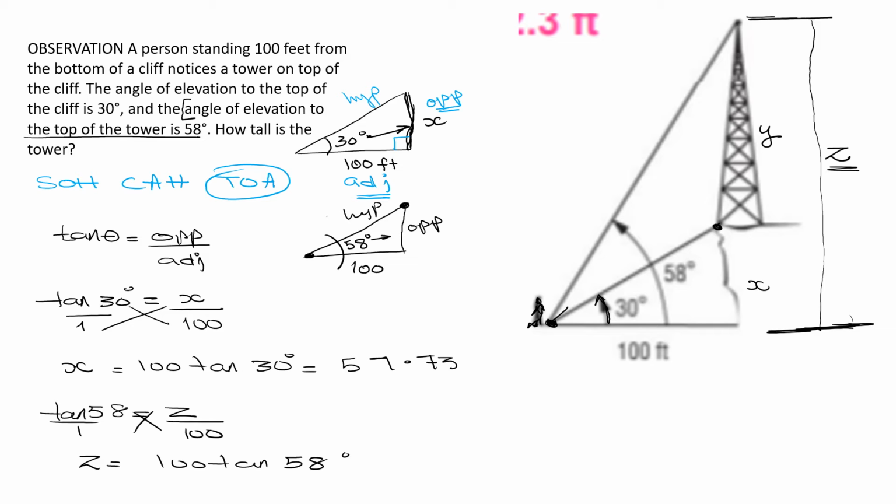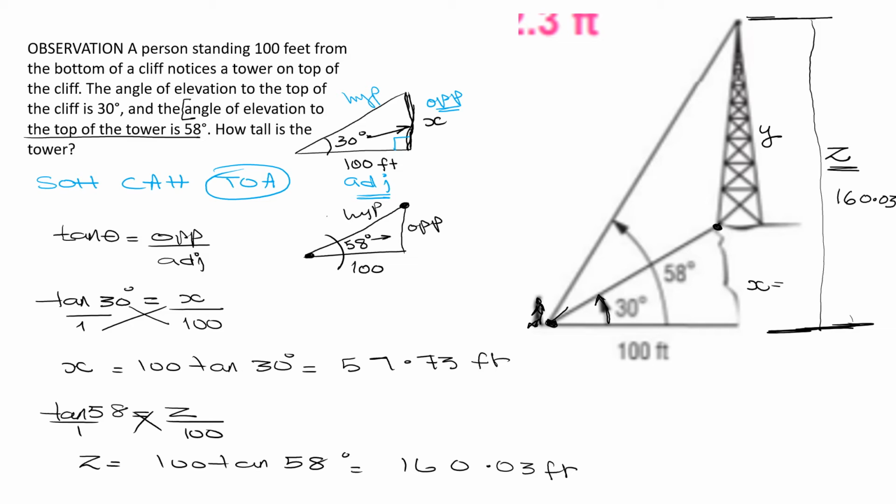So it is 100 tangent of 58, which equals 160.03. That is, again, in feet, and here also feet. So the z is 160.03 feet.